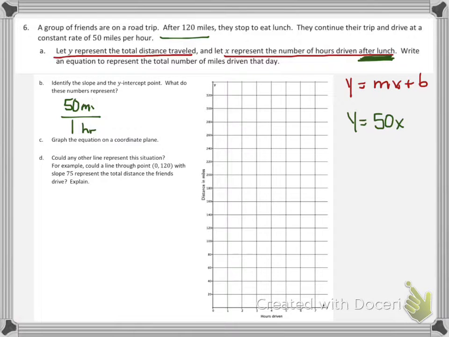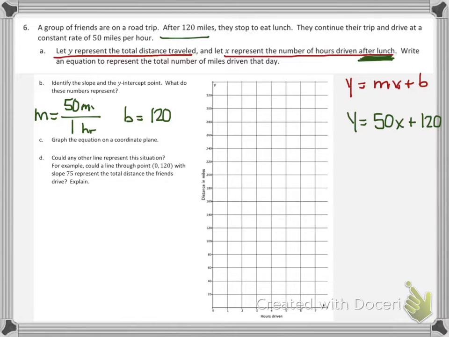So the after lunch is going to be included, but we also have to include the miles that they drove before lunch, and that's by adding 120. So Y equals 50X plus 120 is our equation. That gives me the slope is equal to 50, and the Y-intercept is equal to 120. That's where we're going to cross the Y-axis.